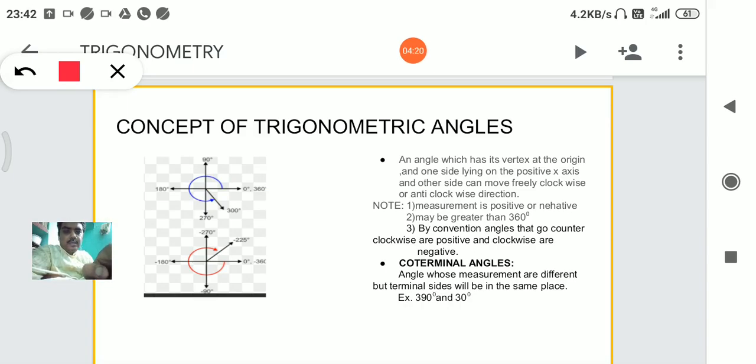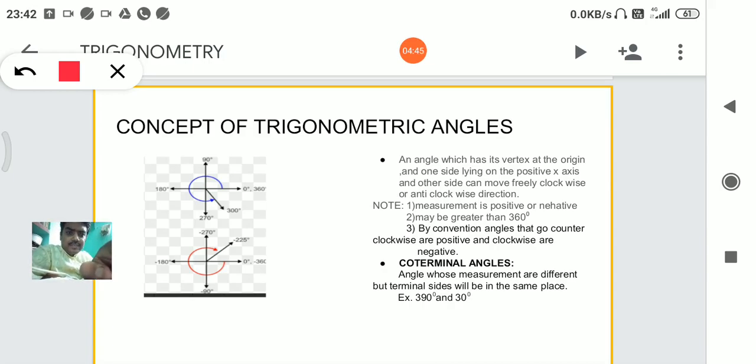Okay. Now, the main thing is that maybe the two terminal sides coincide together. This is the interesting thing in trigonometry, but their measurements of angles may be different. So here one example is given. Say this is positive 300 degree, because that ray moved in anti-clockwise direction in the first figure.